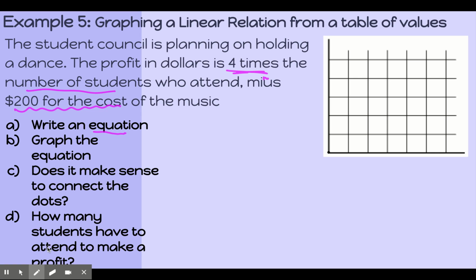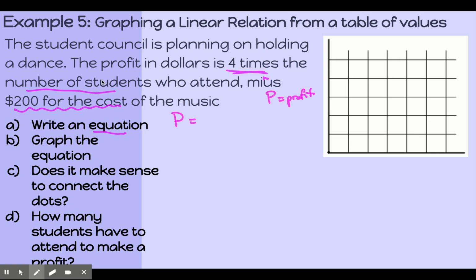So this is where I'm going to pull the information out given to me and decide what's happening. So the profit, so P, let's just take 1 second and erase that because you can't see it. All right, so P is equal to profit.